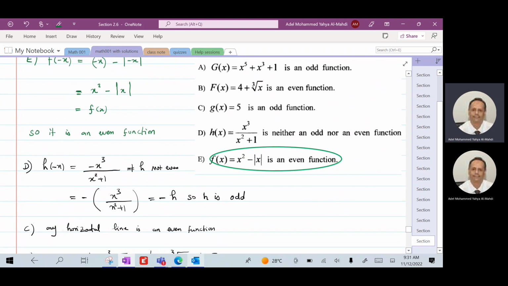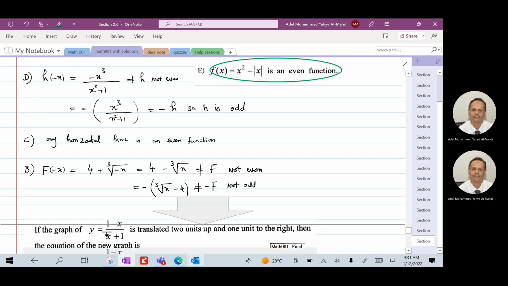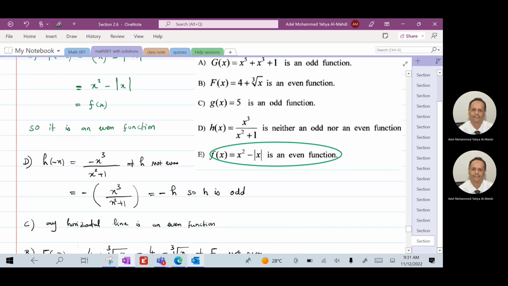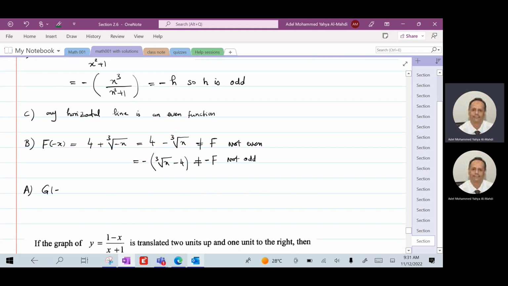The first one, x to the power 5, x to the power 3, plus 1. So A, J. If you test J at minus x, it is going to be minus x to the power 5, minus x to the power 3, plus 1.